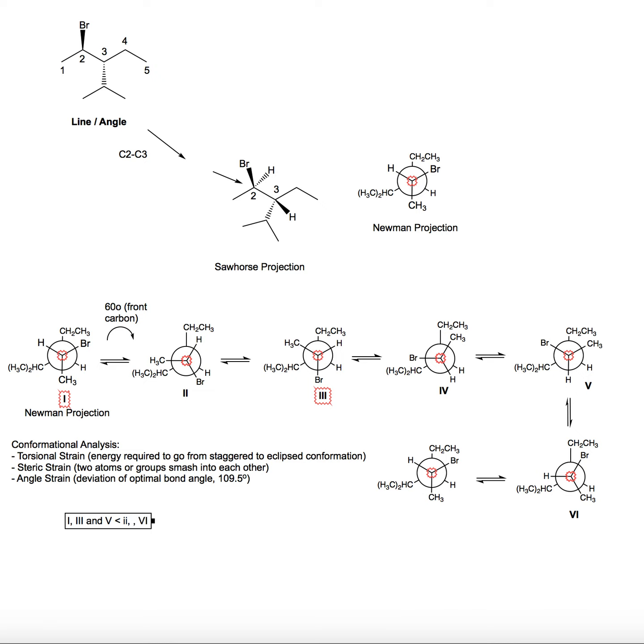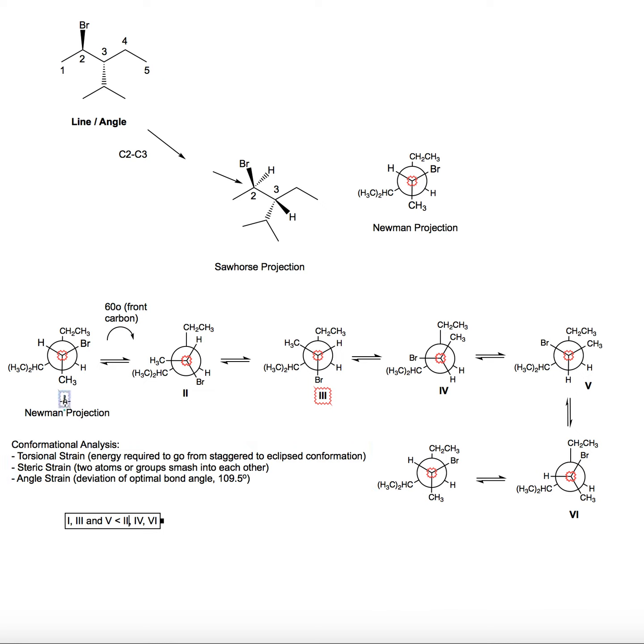Once again, the torsional strain. The eclipsed conformations, as I said many times before, are just transition states between the staggered conformations. The molecules will be mostly in staggered conformation, and to exchange between these staggered conformations, they will go through this eclipsed conformation. So we consider these eclipsed conformations pretty much transition states between them.